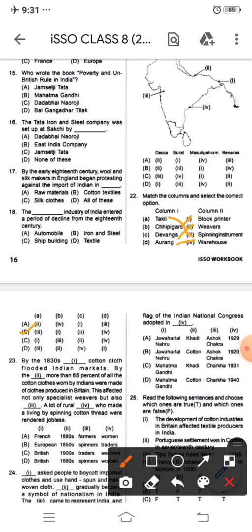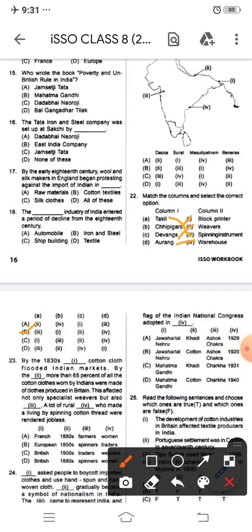Next, question number 23. By the 1830s, Roman I cotton cloth flooded the Indian market. By the Roman II, more than 65% of all the cotton clothes worn by Indians were made of cloth produced in Britain.